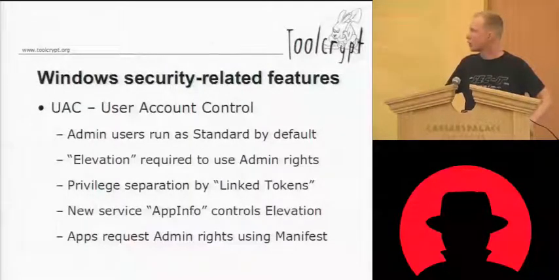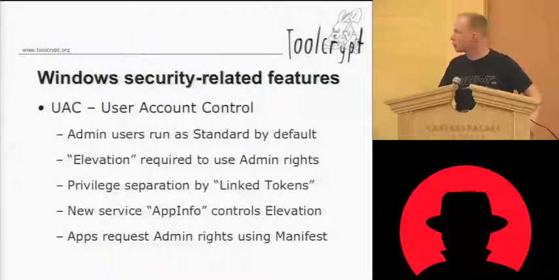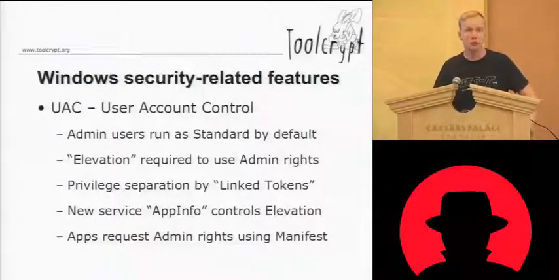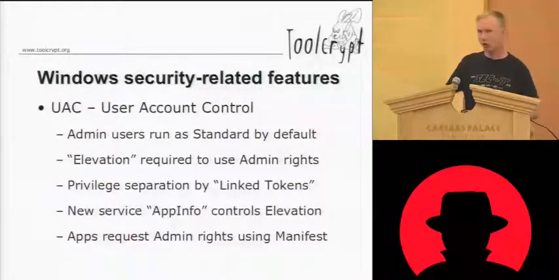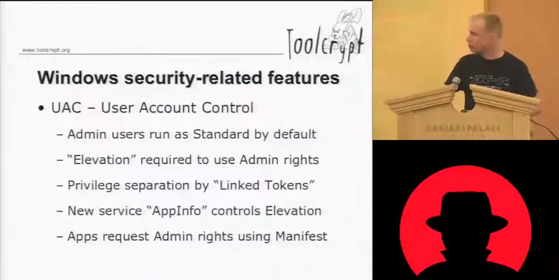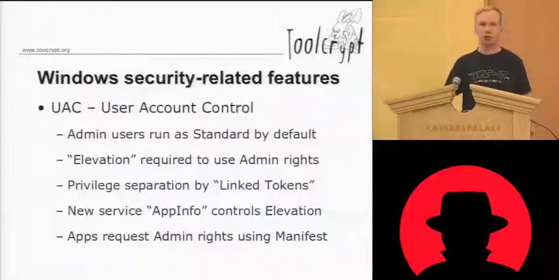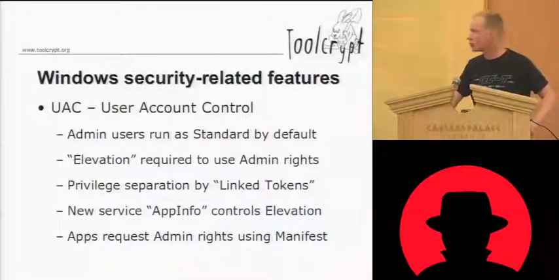So it would set a bit in a flag field, and it would set a pointer to another token that is the actual token of the system administrator, with the privileges of the system administrator that have been restricted. And as you remember, the process can't itself change its primary token.